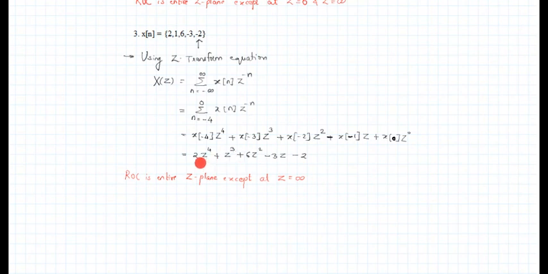If my Z transform has only negative powers of Z, I can conclude that the input sequence is completely right-handed. And if the Z transform comprises both positive powers of Z as well as negative powers of Z, we can clearly conclude that the input sequence must be a two-sided sequence.